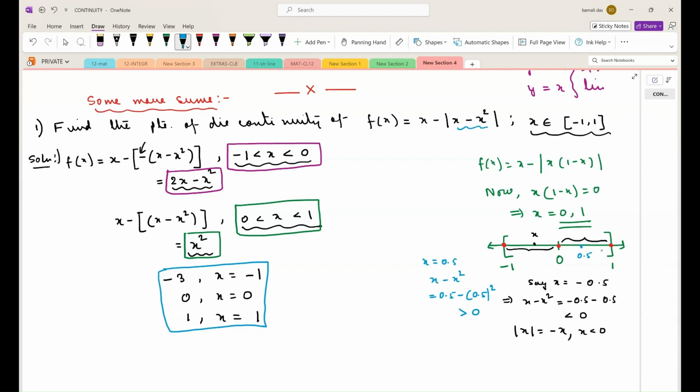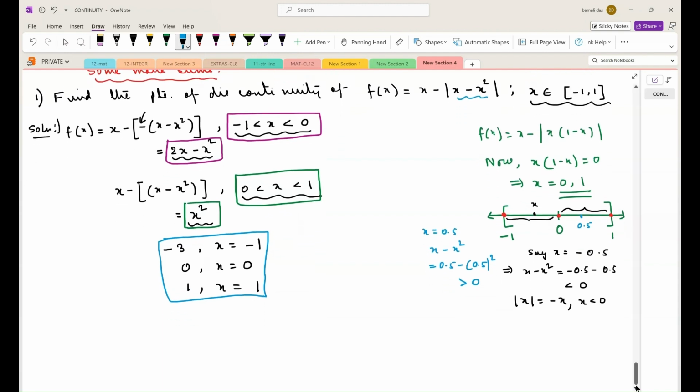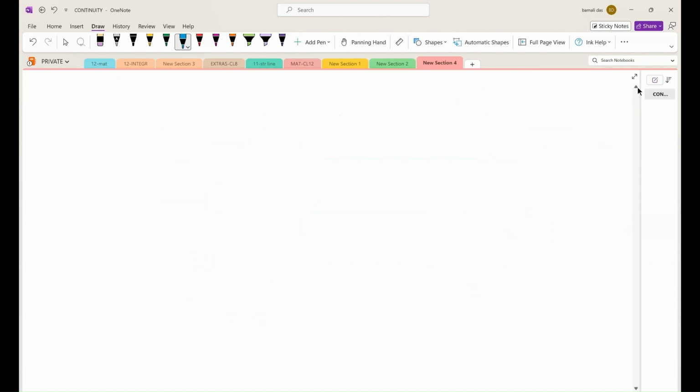So these 3 points we have to show separately. On the region between them, that is the open intervals minus 1, 0 and 0, 1, we will simply use the property to conclude that it is continuous. Okay, so let's start. So, solution.